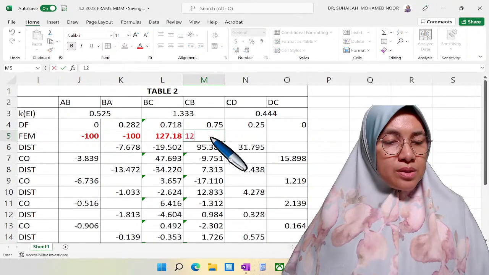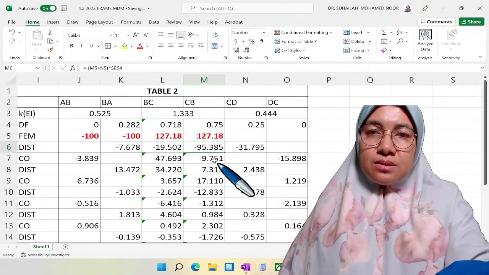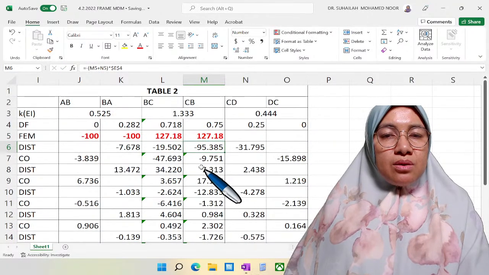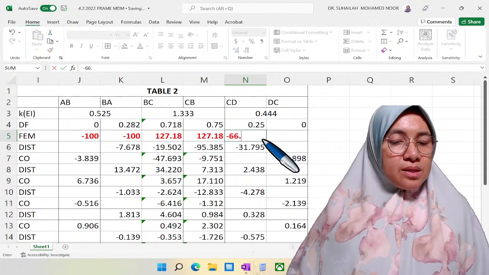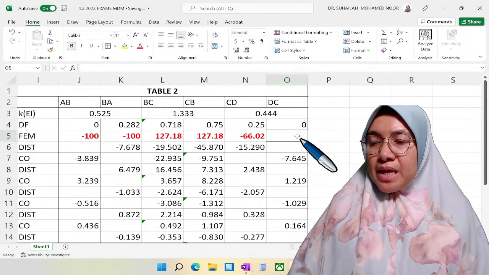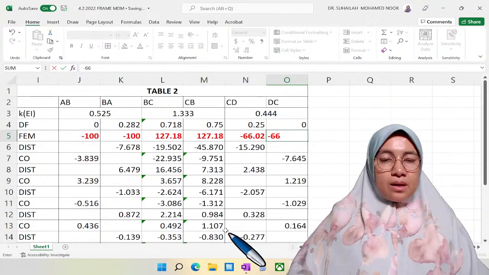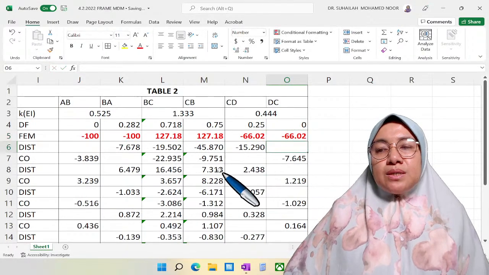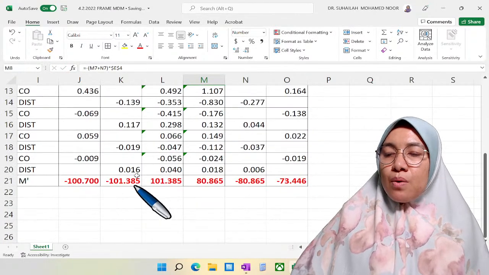And the last value is 66.02, negative. 66.02. We must put the right sign representing the right behavior. Okay, like this. Then we get the moments below.